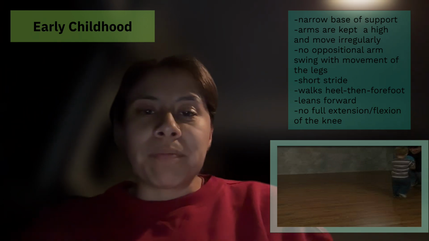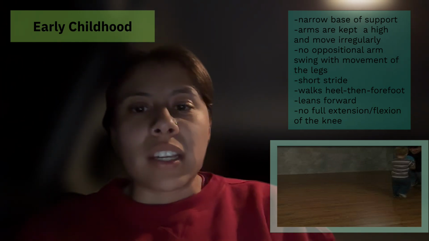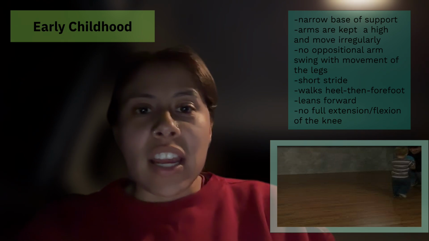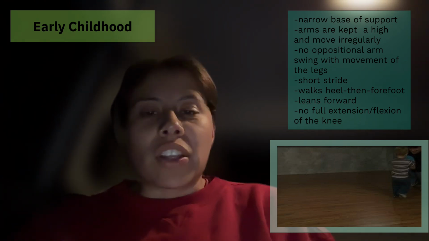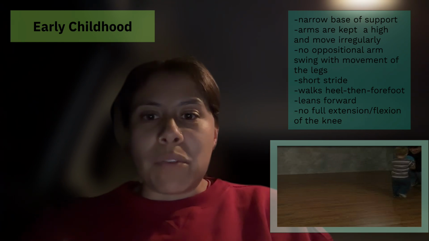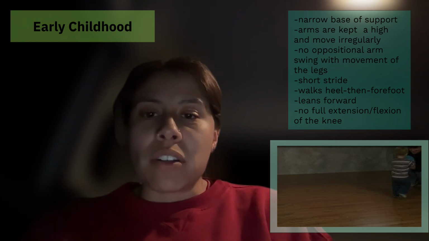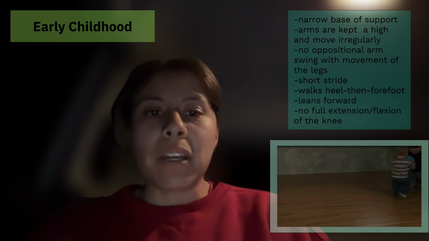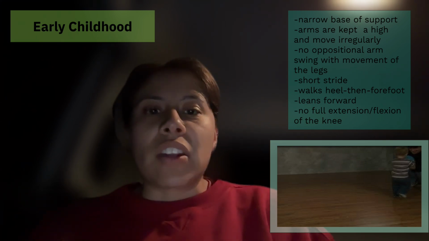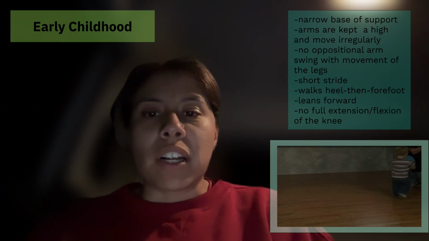toddler presents a narrow base of support, which is actually very good for a child. Normally, a toddler or a younger infant will portray a wider base of support to help promote better balance. But in this video, the toddler has a narrow base of support.